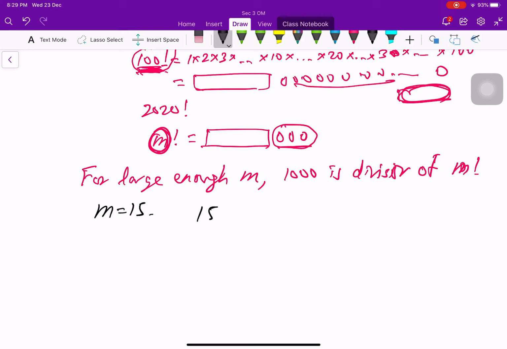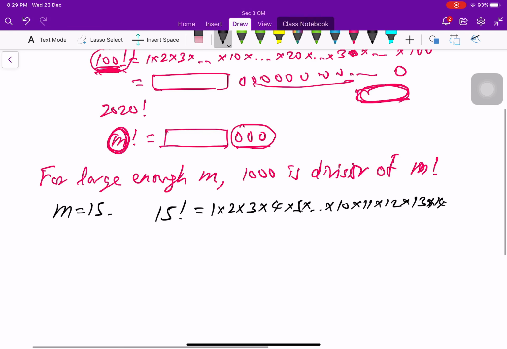Let's look at 15 factorial, right? 15 factorial is 1 times 2 times 3 times 4, all the way until you get 5, and then you get 10, and then 11, 12, 13, 14, and then 15. Right?